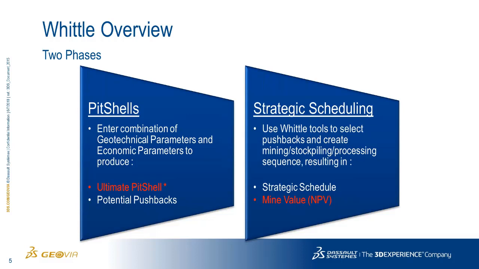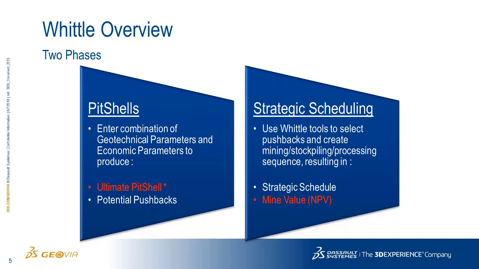ultimate pit. Okay. So once we have those geometries from phase 1, we're going to look to put a strategic schedule together using those shells. So the idea is inside of Whittle, we're going to use the tools we have available to create a mining sequence, to create a schedule, which is going to result in obviously a mining, stockpiling, and processing sequence, physicals, year-by-year breakdown of what we're doing. And we'll talk about some of those outputs in a second.